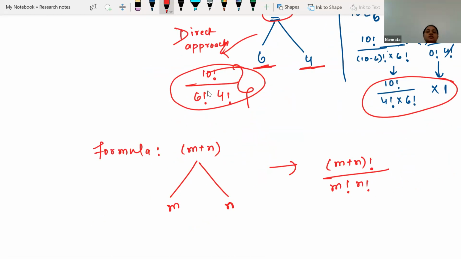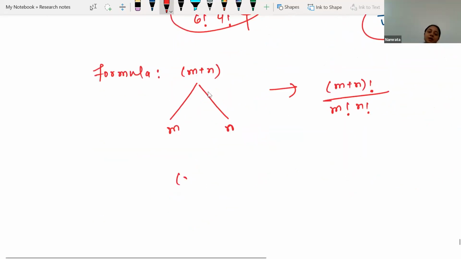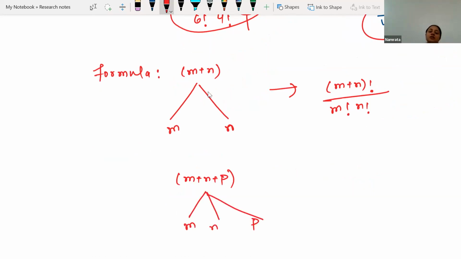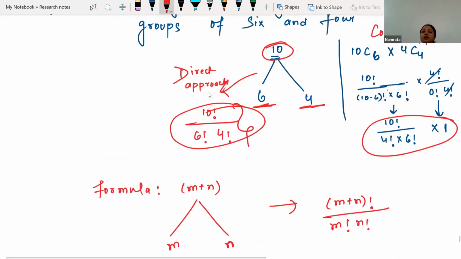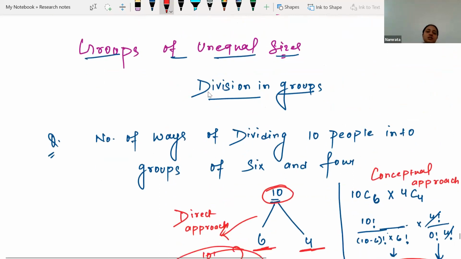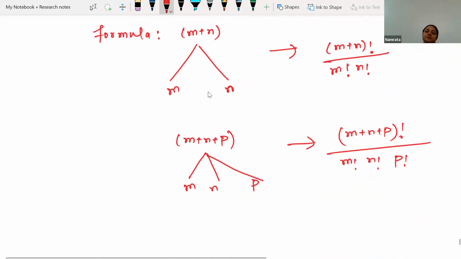Similarly, if we have m plus n plus p as the total number of people, and we are dividing them into groups of m, n and p, then the formula says you can find the possible selections directly by (m plus n plus p) factorial divided by m factorial n factorial p factorial, when we have groups of unequal sizes. Is it clear, Lina?